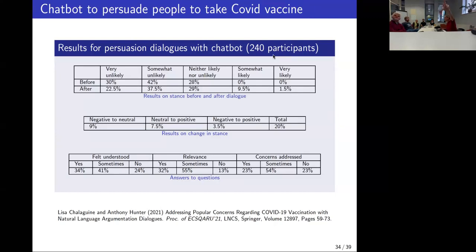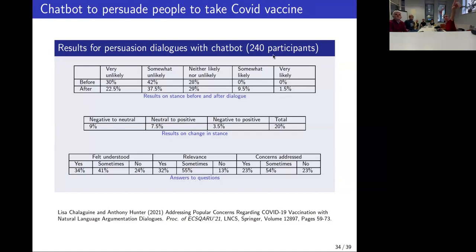I think that was what we did. I forget. And then afterwards, you can see what happened. Quite a lot of people were moving to neutral, which is something. But you can see over 10% came over to somewhat likely or very likely. So 10% really became quite positive about it.